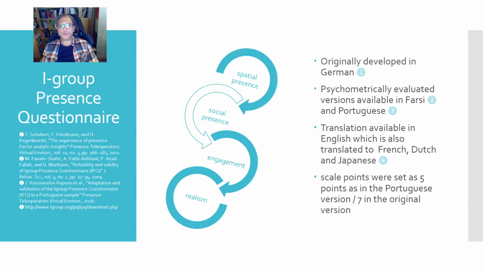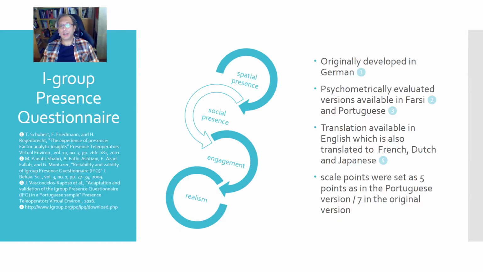Unfortunately, the IGroup Presence Questionnaire does not measure social presence, and the realism dimension is not related with social realism. But there are items about spatial presence, engagement, and realism in it. It's a 14-item questionnaire, originally developed in German language, and there are translations into Farsi and Portuguese, which are psychometrically evaluated.